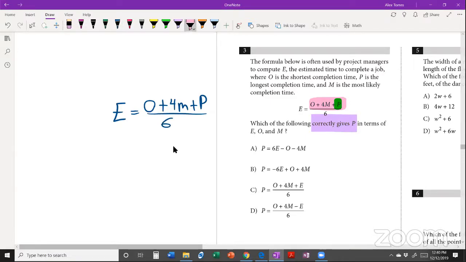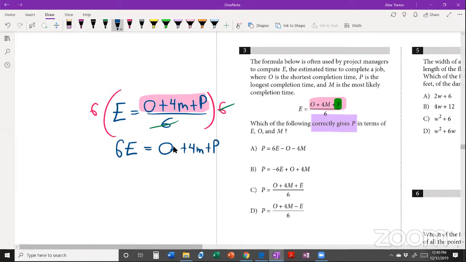maybe take that piece right there, E equals O plus 4m plus P over 6. And we want this piece by itself. So we can say, okay, well, what's happening to that piece? It's being divided by 6. So the opposite is to multiply by 6. So that's going to cancel the 6 here and here. And you get 6e equals O plus 4m plus P. Now we need P by itself.